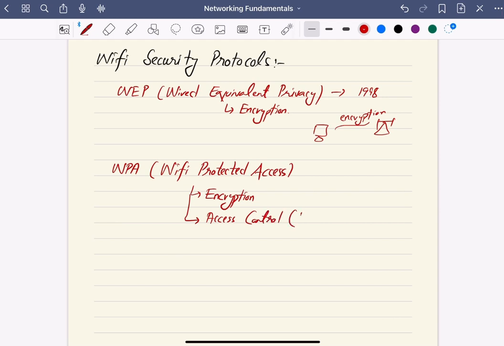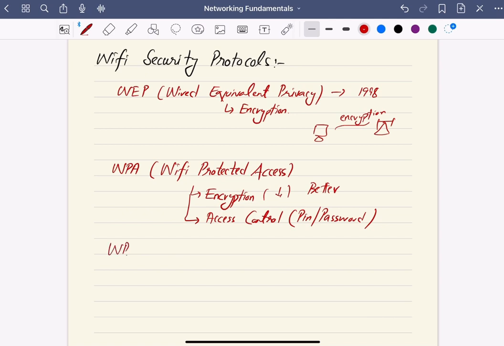Access control, you can say the PIN or the password, the Wi-Fi password. It came in. Let's say if anybody wants to connect, there is a password for that. The encryption algorithm was not that great. It's better than WEP, but the encryption algorithm was a little bit weak.